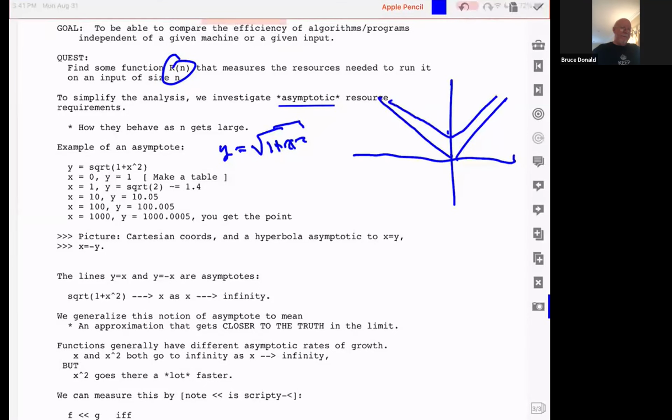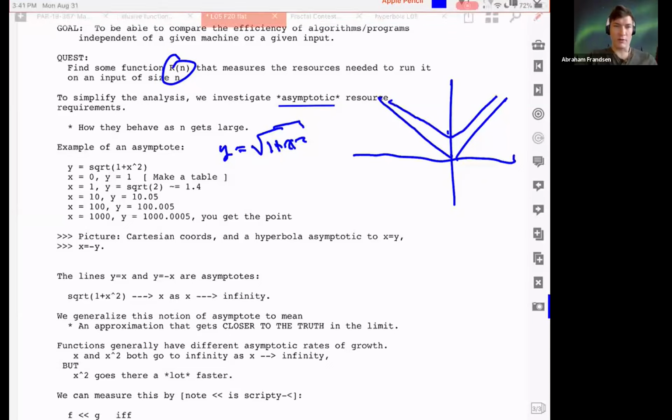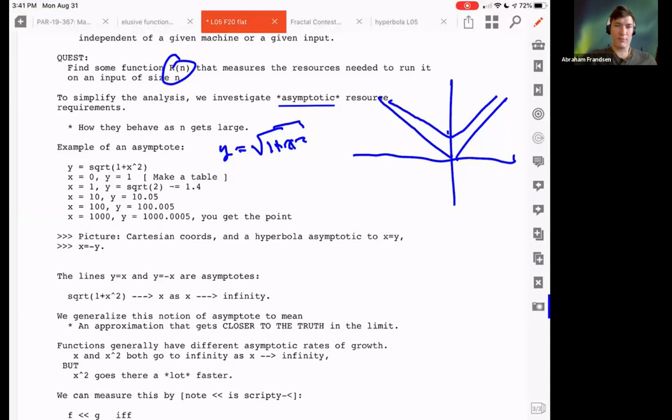Professor Donald, there appears to be an issue with your sound. It's really breaking up. Maybe he's left us. All right, everybody just hang tight.